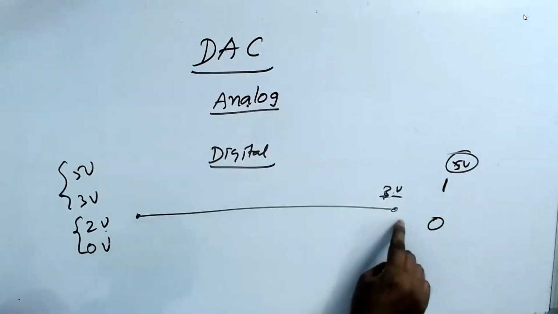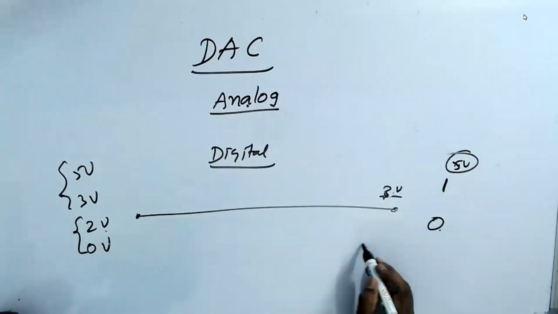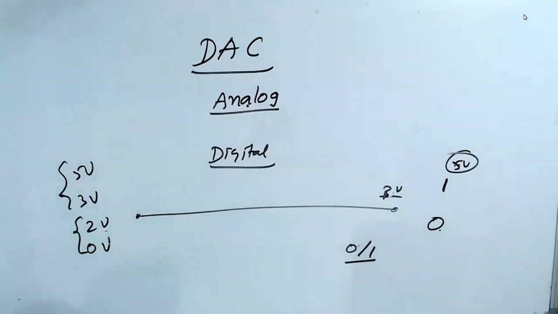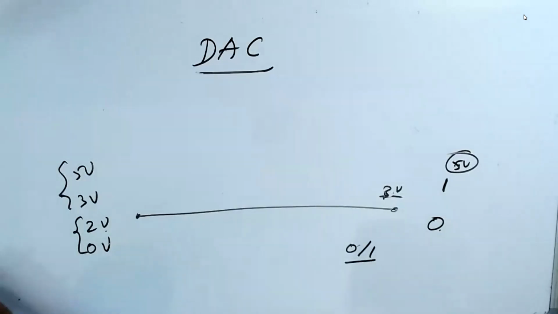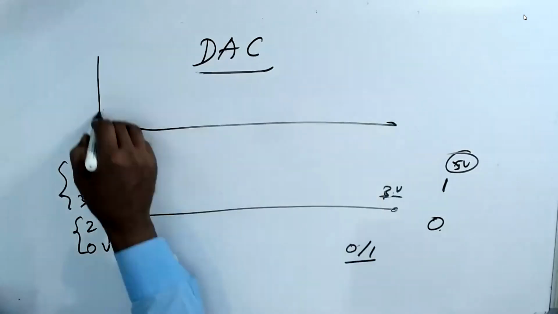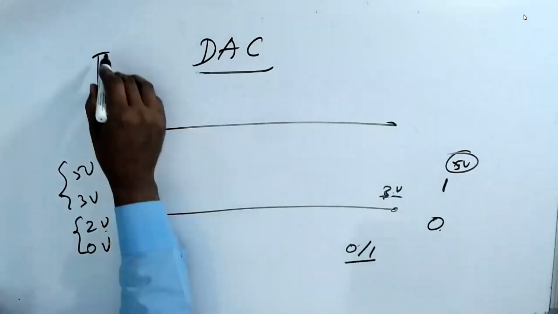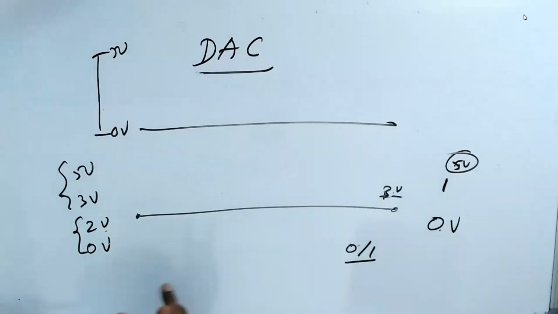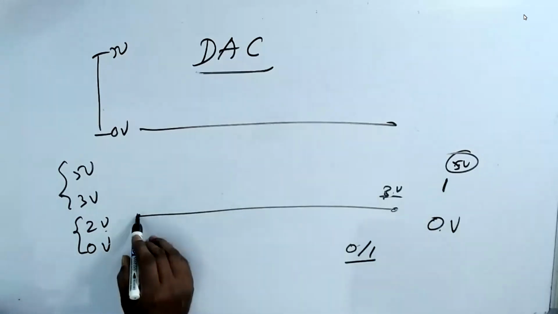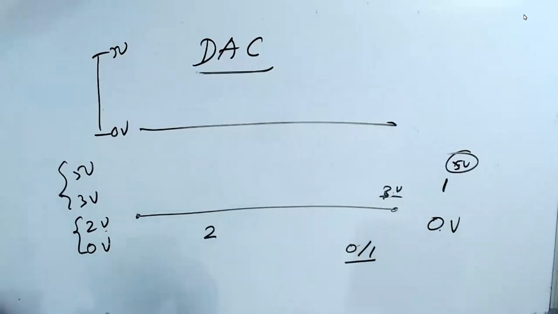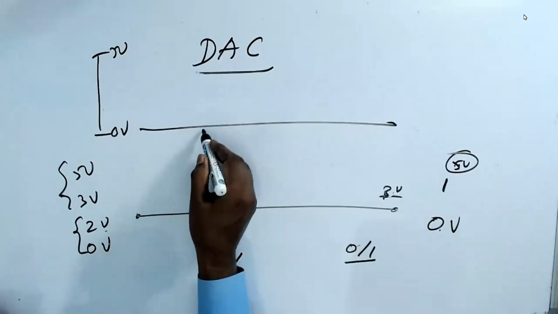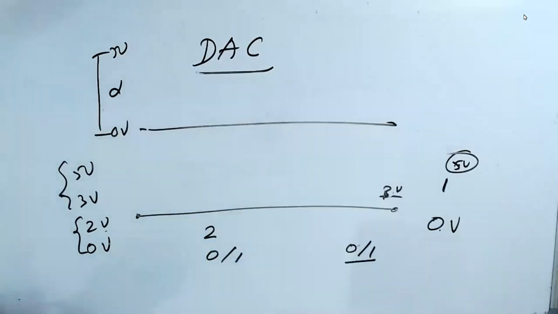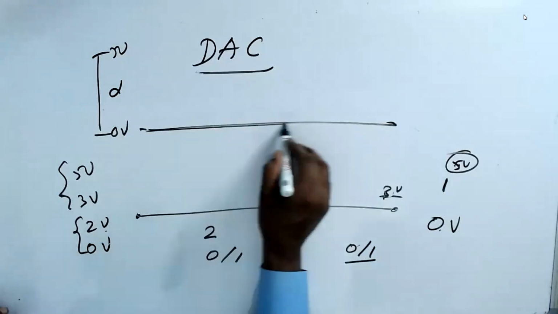So if I have one wire, I can transmit 0 or 1. Whereas in analog, with a wire I can transmit an infinite number of levels, 0 to 5 volts, any volt. Here I can transmit only two levels, 0 volt and 5 volt. So with one wire, I can only send two pieces of information, either 0 or 1, whereas in analog I can transmit infinite information. That is the advantage of analog. But the drawback is based on the length.